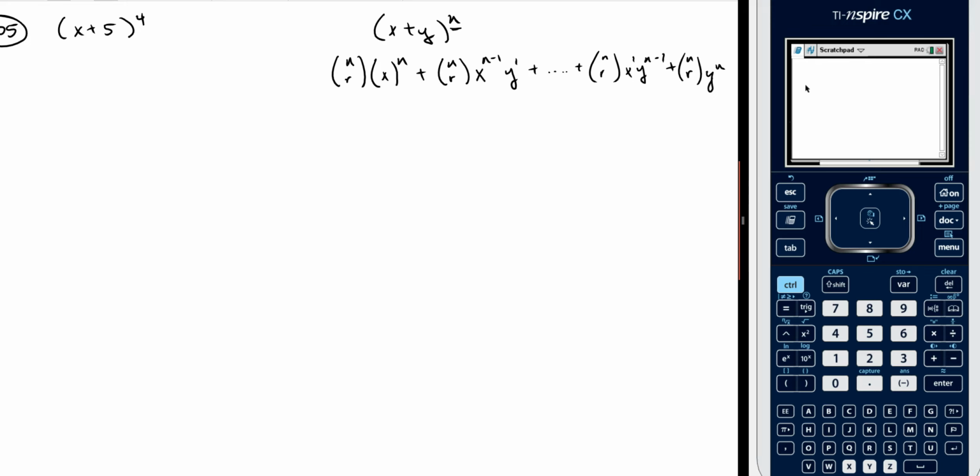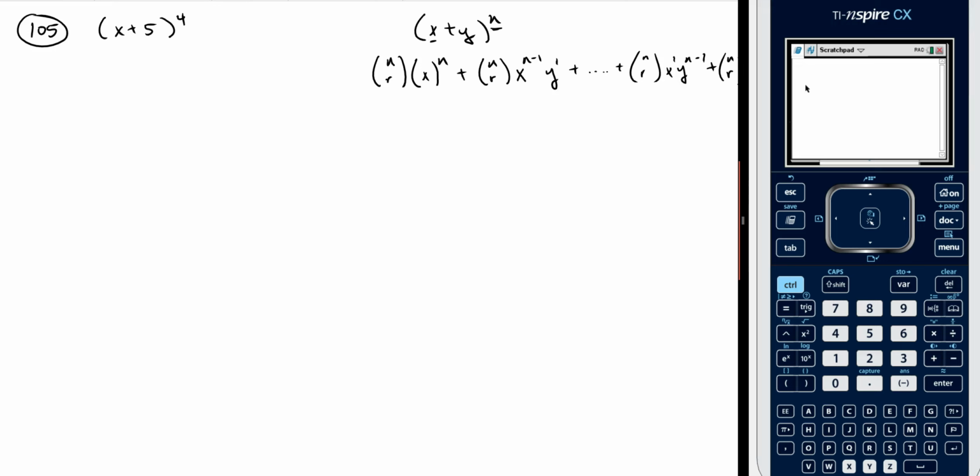So we start with, this would be n over 0, n over 1, n over 2, and my first factor, my first variable, in this case the x, counts down from the highest power, so it's going to be n, n minus 1, n minus 2, n minus 3, and my second variable counts up from 0, so 0, 1, 2, 3, all the way to n. Okay? That's the long way to do it. The short way, these nCr's come from Pascal's triangle, or we can shorten it with Pascal's triangle if we're only going to something like the fourth power.